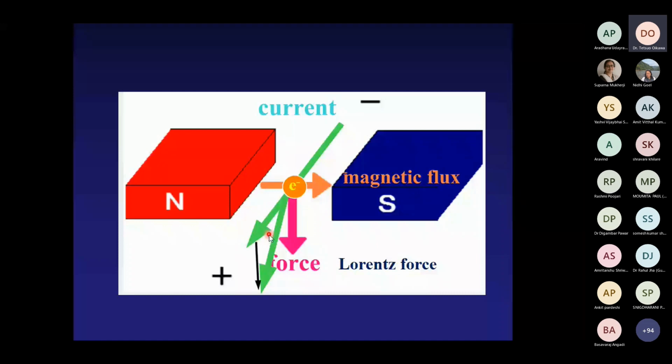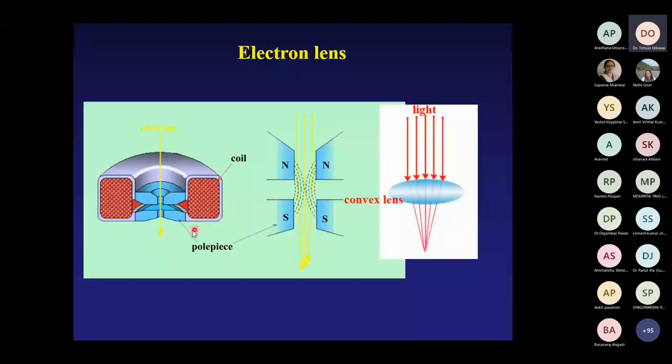The electromagnetic lens is made of a ring-shaped electromagnetic pole piece, and a magnetic field is generated from upper to lower, with the electron trajectory crossing this field.